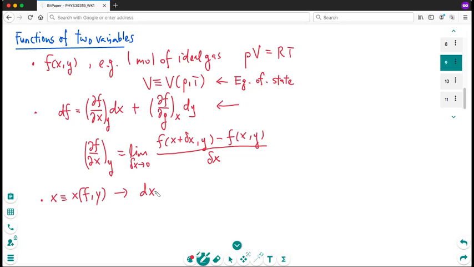So then I want to ask what gives rise to the change in X. So I simply have to write this again. So I will have dx, the change in x is due to the change in f and the change in y, because now I want my x to be the subject. Okay, so I will have this equation here. So I'm going to keep y constant.